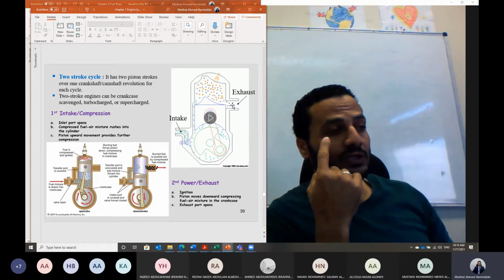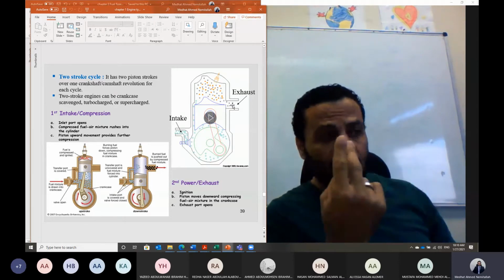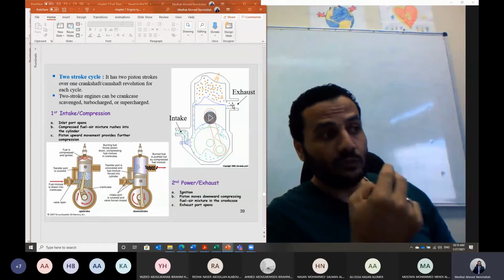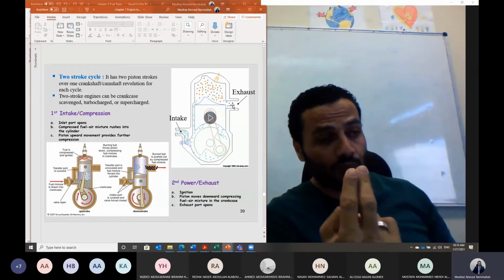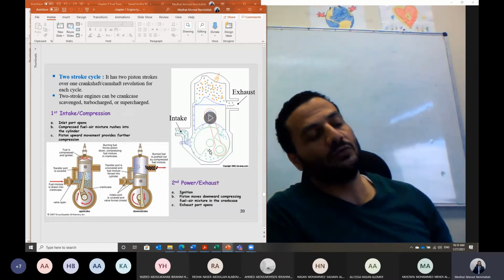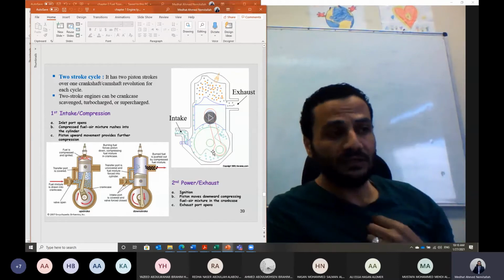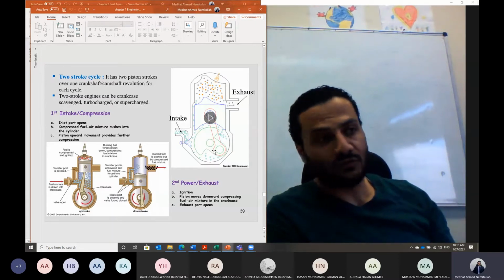That means, Shabab, the 2-stroke engine completes this cycle in 2-stroke movement, for only 1 revolution of the crankshaft. That means it will repeat the cycle and take fuel again for each crankshaft revolution.